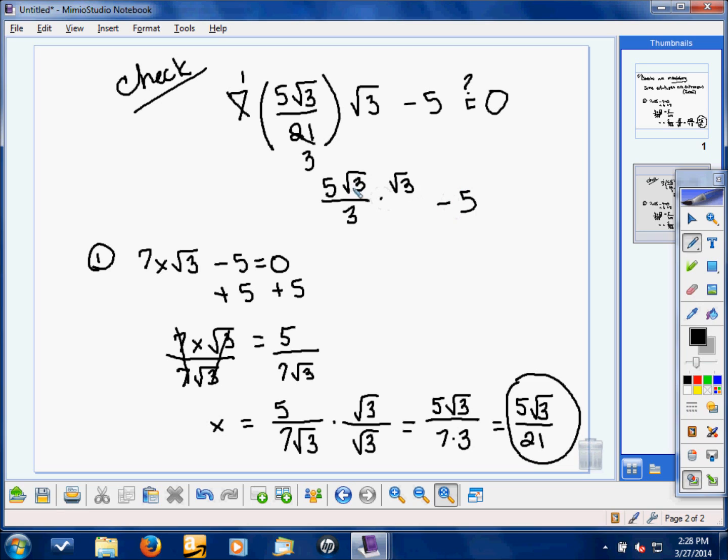Square root of 3 times square root of 3 is 3, which is 15 over 3, which is 5. So 5 minus 5 is 0. Checks out, so that means that this really is our answer. Even if the check gets a little bit crazy.